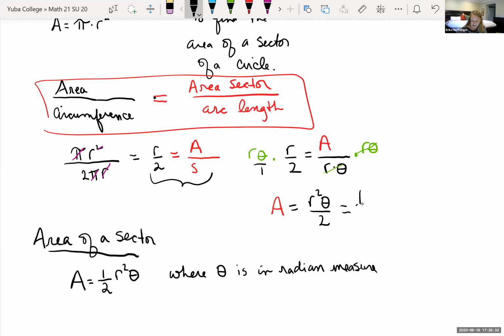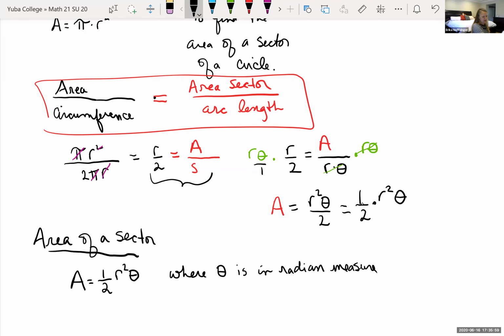And I can rewrite it a little different by pulling the 1/2 out front if I want, but we don't have to. Okay, so I wanted to derive that formula for you. And I got kind of caught up in the middle of it, but I remembered how to do it. Okay, so now we have a formula that we can use to find the area of any sector.